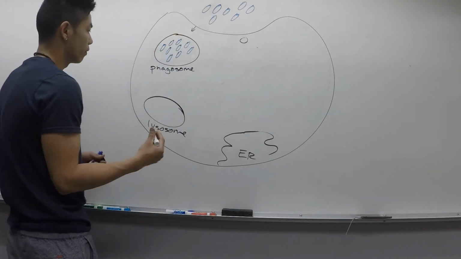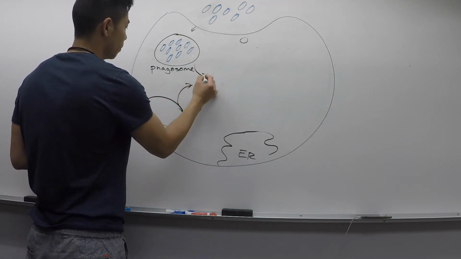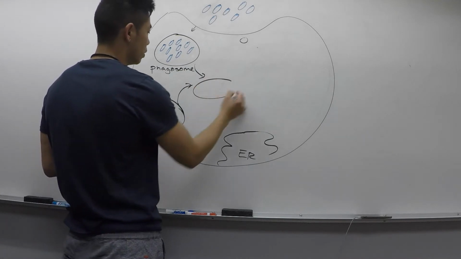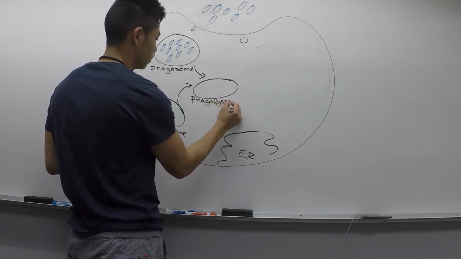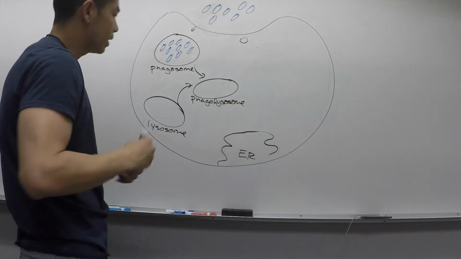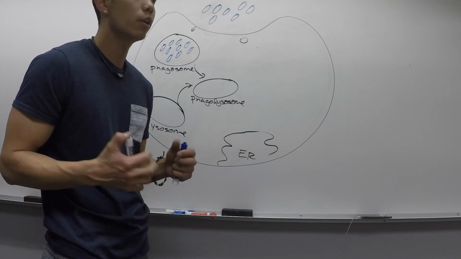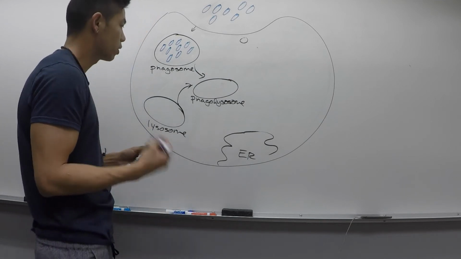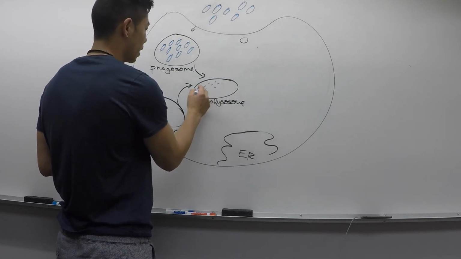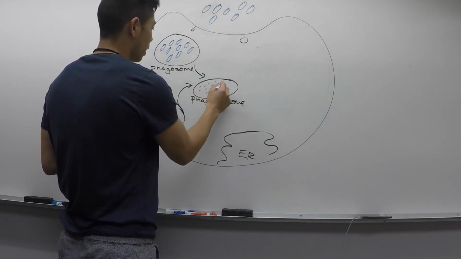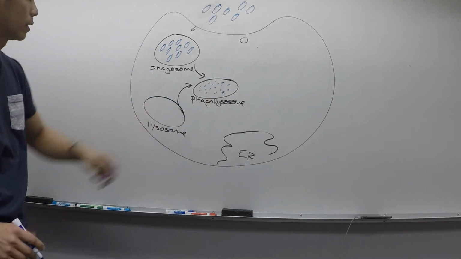For the macrophage, this lysosome is going to combine with our phagosome into this new vesicle known as a phagolysosome. It's going to take these hydrolytic enzymes and break down our bacterial protein into little peptides. These are known as epitopes, just small little peptides that have been broken down by our hydrolytic enzymes.